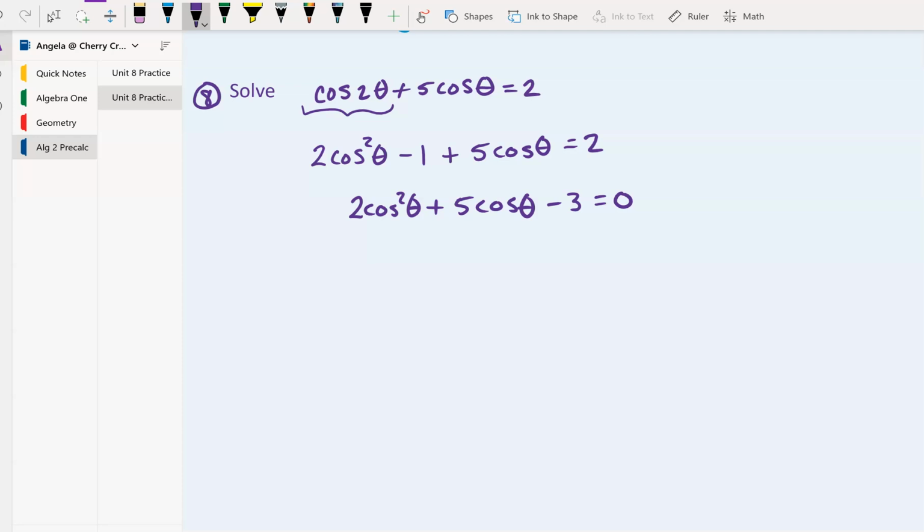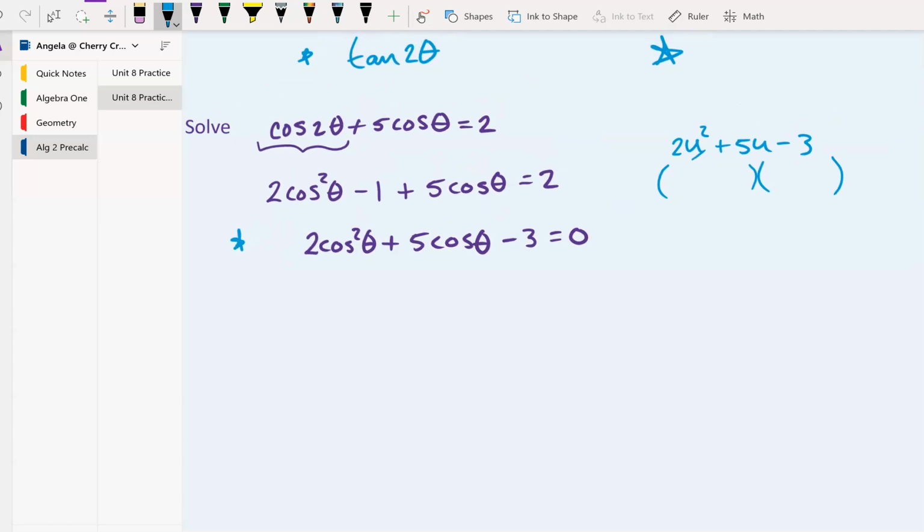So one thing I like to remind people for a problem like this is another way to tackle it is to look at, for example, 2u squared plus 5u minus 3. And if you have trouble factoring, sometimes seeing your expression written in terms of a different variable can be helpful to the factoring process.